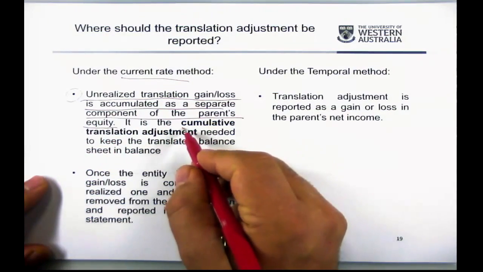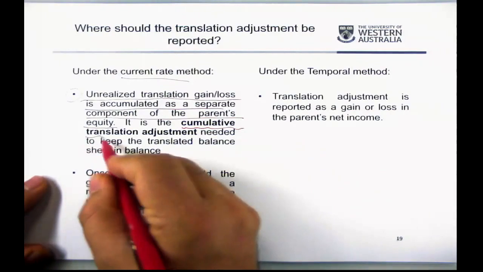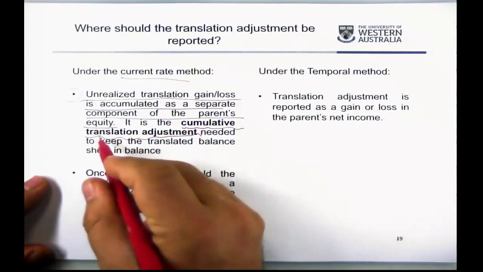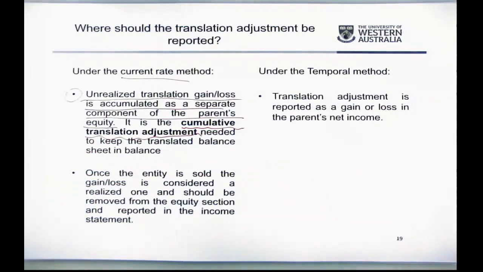Most of the time, it will appear as cumulative translation adjustment. This is the account that normally appears on the balance sheet in the equity section of the parent firm.